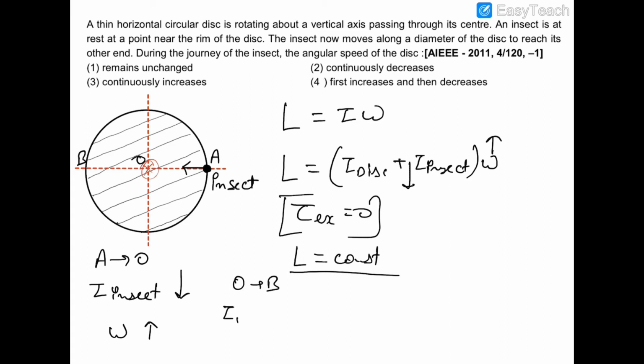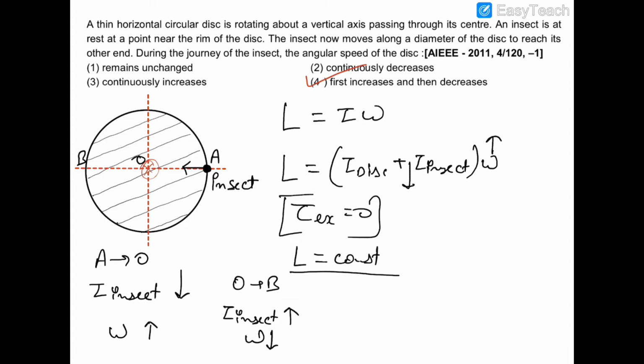Therefore, the moment of inertia of the insect would be increasing, and to keep the angular momentum constant, omega would decrease. So the correct option is that firstly omega will increase and then it would decrease. So the correct answer would be option number 4.